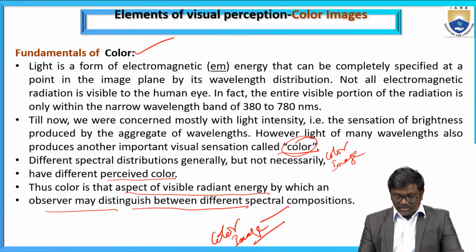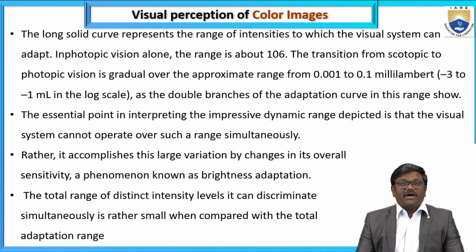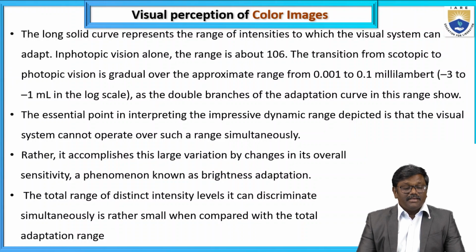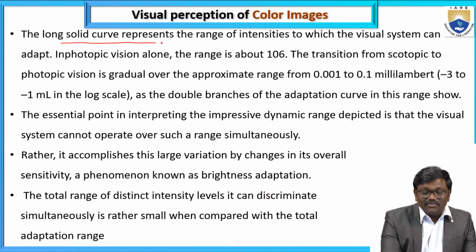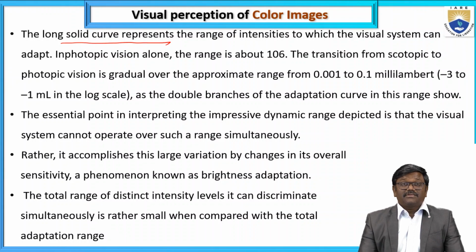Color image variations are also concentrated in terms of visual perception of color. The long curve represents the range of intensities to which the visual system can adapt. In photopic vision alone, the range is about 10 to the power of 6.